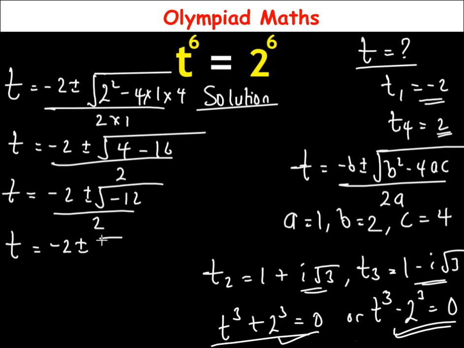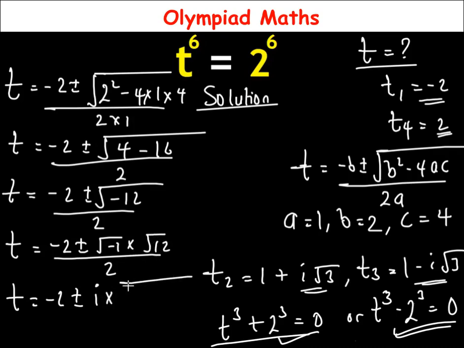From here, t is equal to minus 2 plus or minus the square root of minus 12, which can be written as the square root of minus 1 times the square root of 12, all over 2. So t is equal to minus 2 plus or minus the square root of minus 1, which stands for i, times the square root of 12, which can be written as the square root of 4 times 3, all over 2.